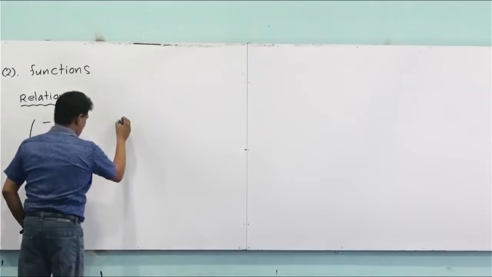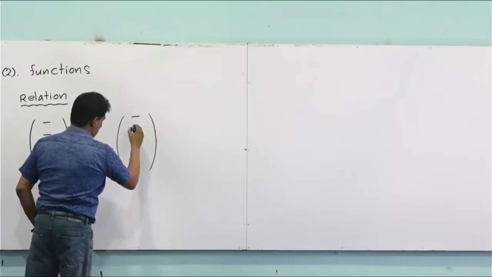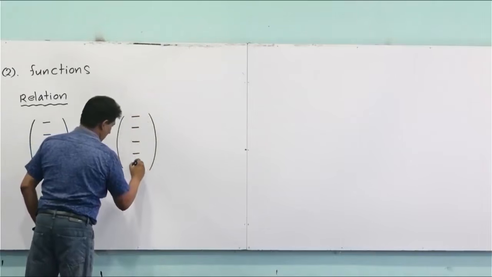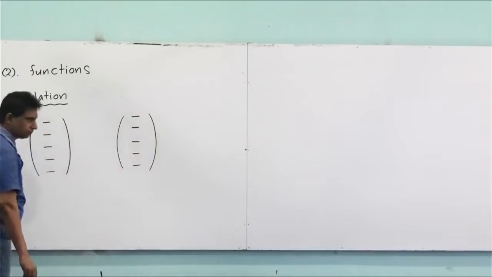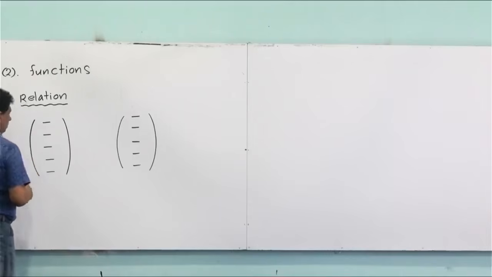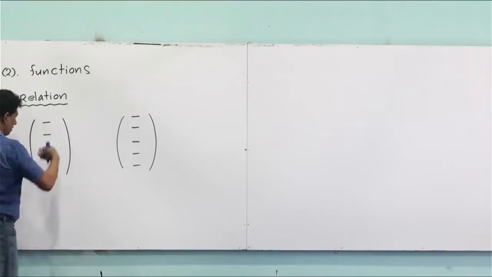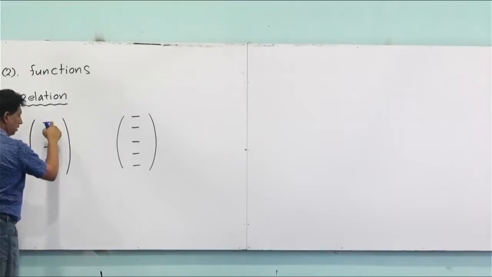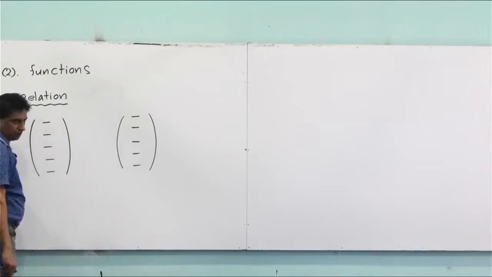Then there is another set. That set also has elements, no? Now there are 2 sets, right? Then relation means, this is the first set. This first set's elements have a connection with the second set's elements, right?